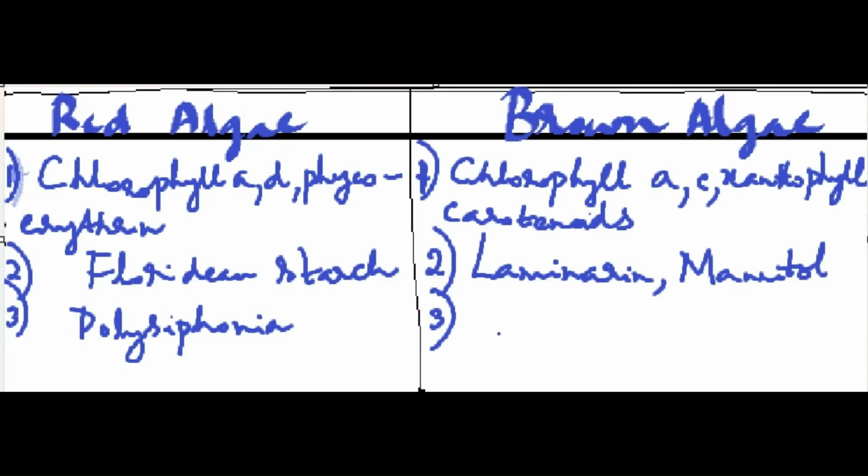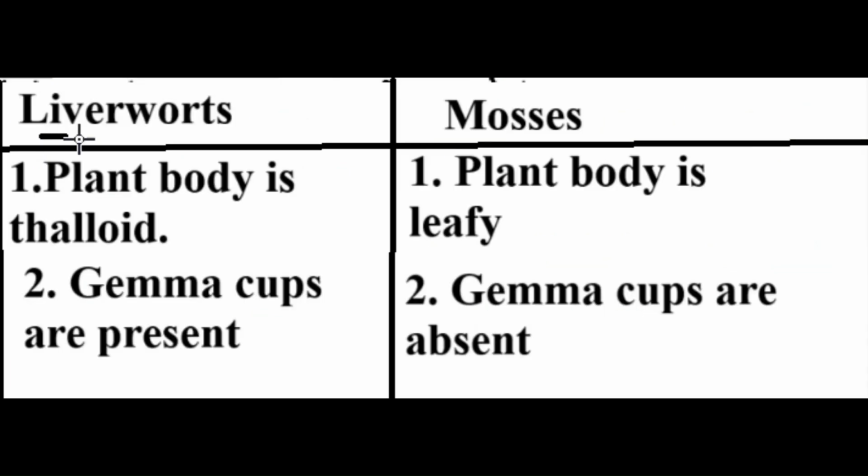Example for brown algae, Laminaria. In case of liverworts, the plant body is thalloid, whereas in case of mosses, the plant body is leafy.